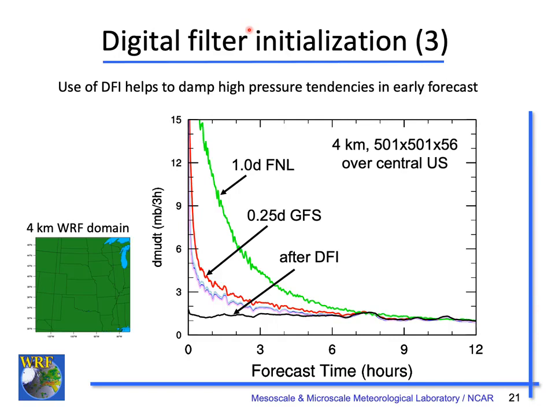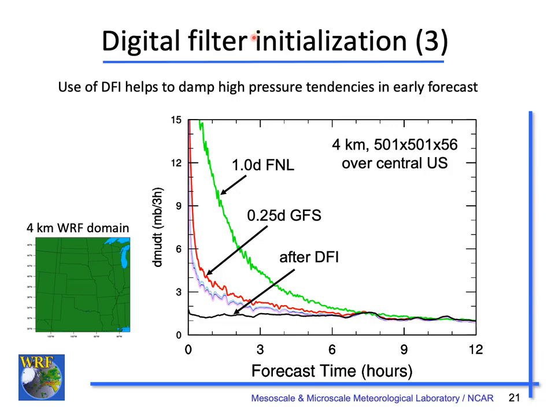We can see that all pressure tendencies settle down after several hours of model integration. However, immediately after the model start, the pressure tendencies change rapidly, and this is an indication that the model is not in a balanced state.